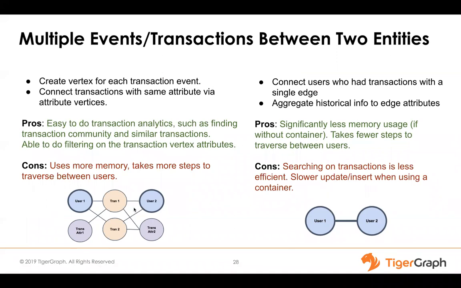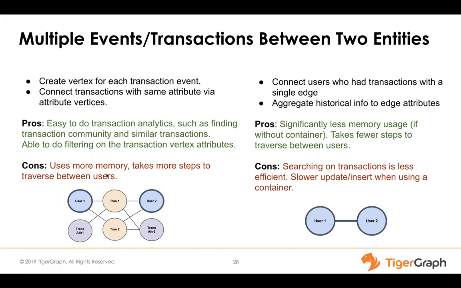For the first approach, with transactions in between, the pro is that it is very easy to do transaction analytics, such as finding the transaction community and identifying similar transactions. You can also do filtering on the transaction vertex attributes very easily.